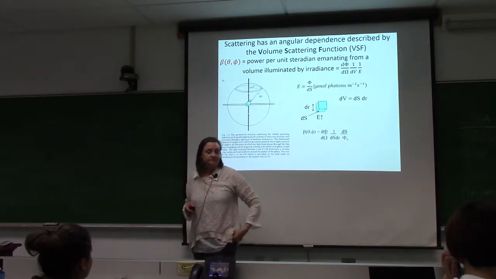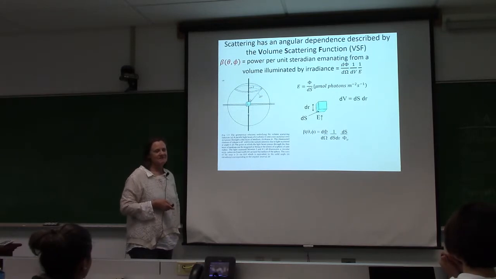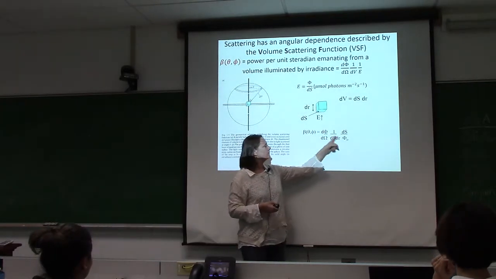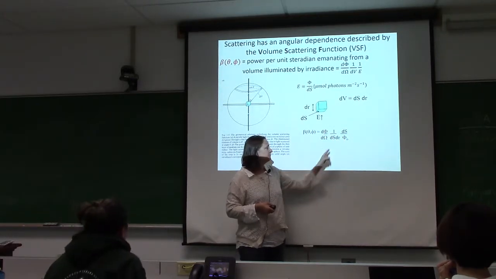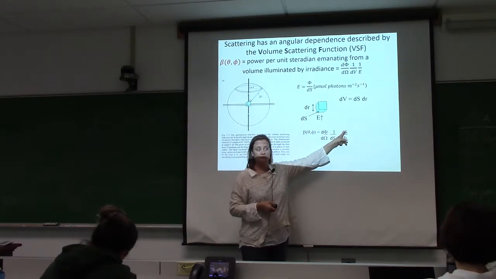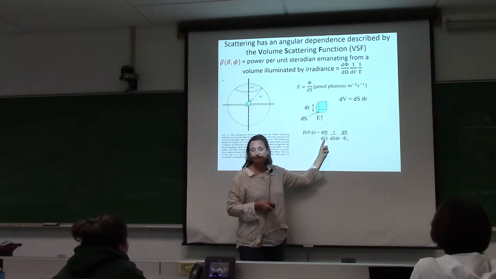So what are the units of beta? Well, those will cancel, right? Those will cancel. Solid angle is steradian, per meter.